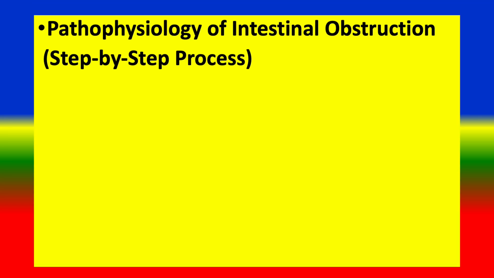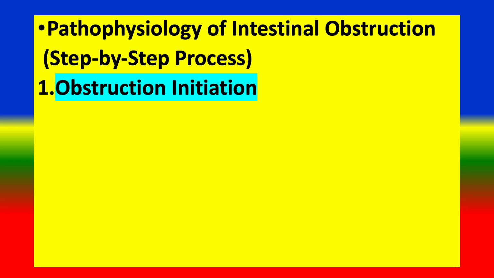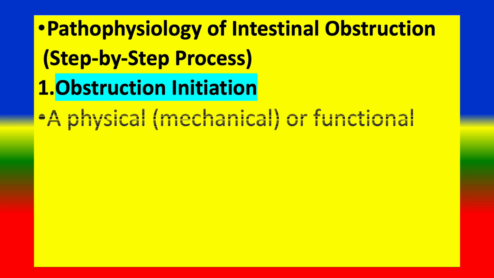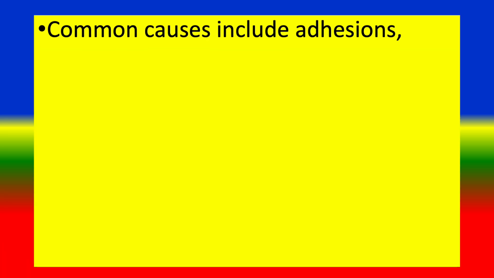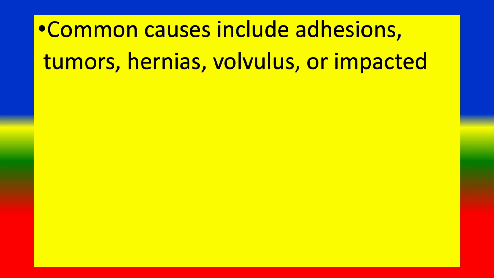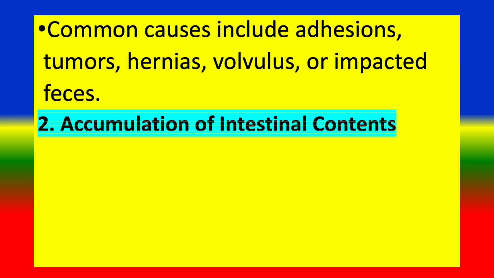Pathophysiology of intestinal obstruction, step by step process. 1. Obstruction initiation. A physical or functional blockage occurs in the intestine. Common causes include adhesions, tumors, hernias, volvulus, or impacted feces. 2.